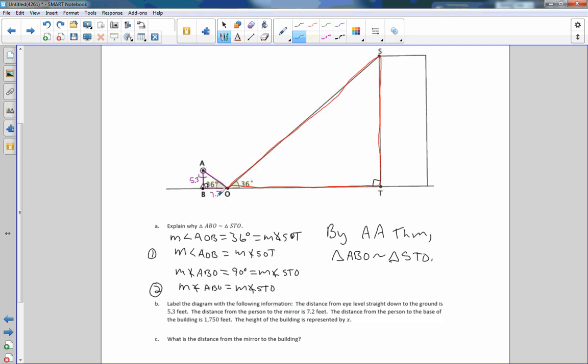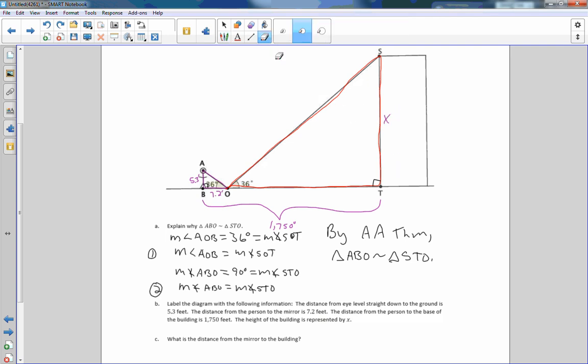That's right here. The distance from the person to the base of the building is 1,750 feet. Careful here. From the person all the way to the building is 1,750 feet. And we're going to label the side of the building X.